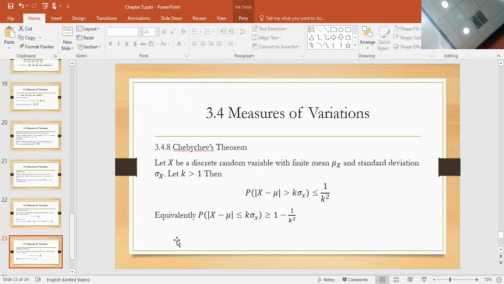So we express this by saying a value x is within this range if the absolute value of x minus mu is less than sigma, which means mu minus sigma is less than x less than mu plus sigma.